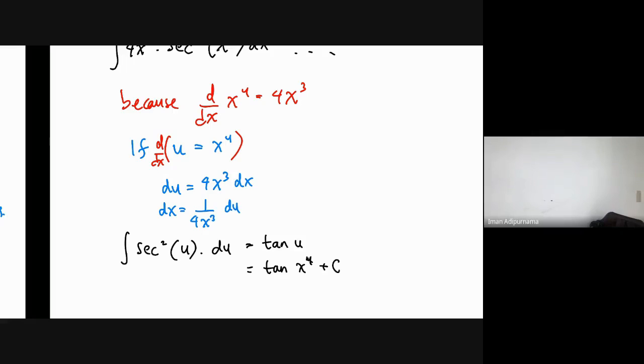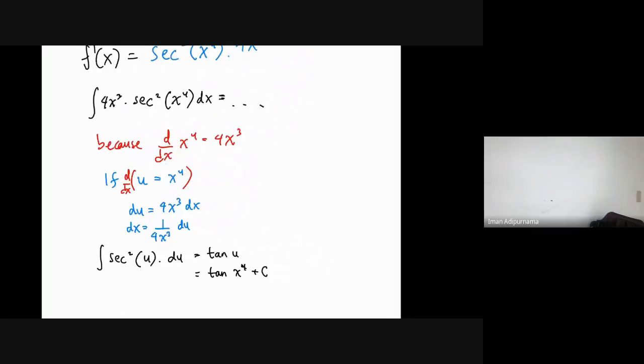But let's just specifically say that this whole technique we call is u substitution, or just substitution, because you can have v, z, any variable you want.